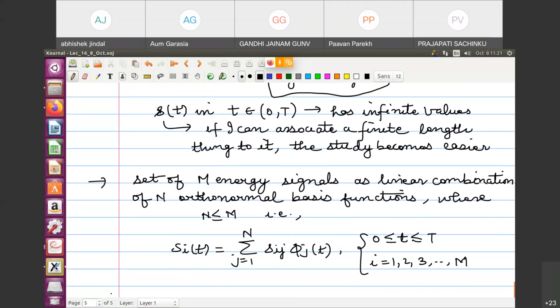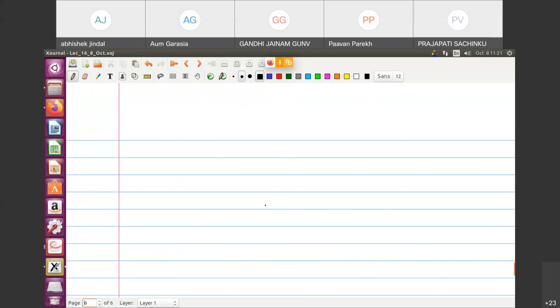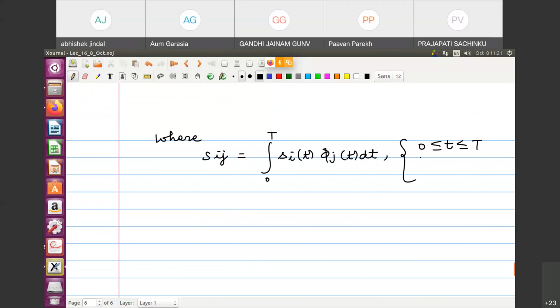Let me just complete this before we close for today. Where s_ij is equal to the integral 0 to T of s_i(t) phi_j(t) dt, for i equal to 1, 2, 3, up to M.